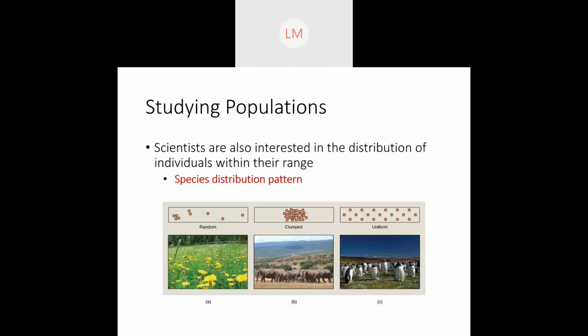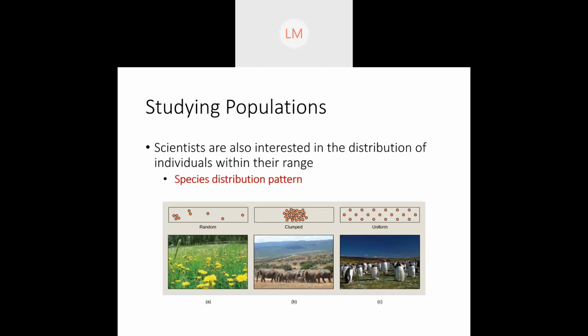But it's also possible to see a uniform distribution where individuals in the population are equally spaced out. So this is different from random, because random, there was no real rhyme or reason to where the organisms were. But with a uniform distribution, they are equally spaced out. So here in that picture, you see penguins that have their specific territories that they are rearing their eggs on.